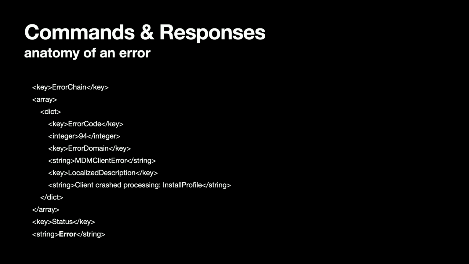It's trying to get the certificate or something. And so you can get useful error information back from the clients as well. It includes a little string of the error itself. In this one, it crashed processing the install profile command. It also gives you an error code there that you can include with your feedback to Apple if you think that this error is unexpected.